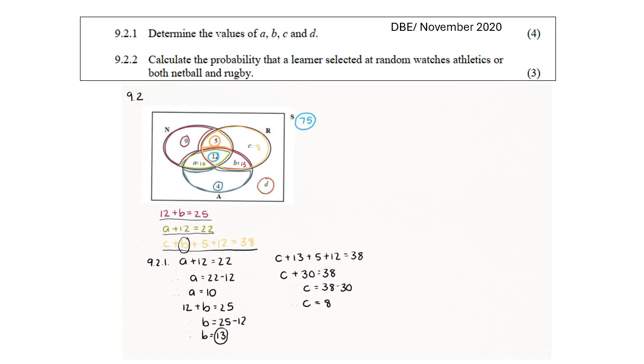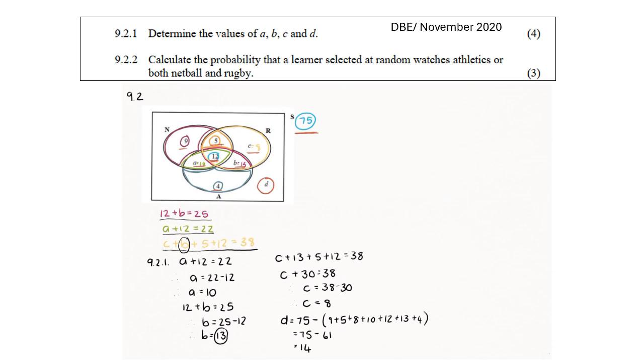Then we need to determine the value of D, and we know that the total number of learners in the sample space is 75. We know the values of A, B, and C, and now we can determine the value for D. So we add up everything in the sample space and we put that equal to 75, and then D is equal to 75 minus all the values in the sample space, and that will give us an answer of 14.